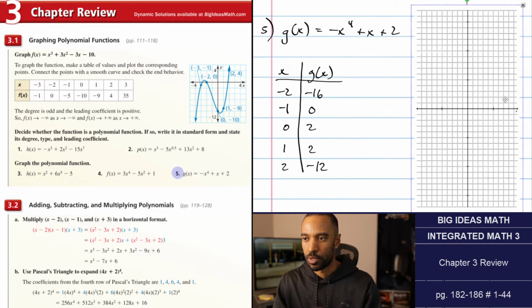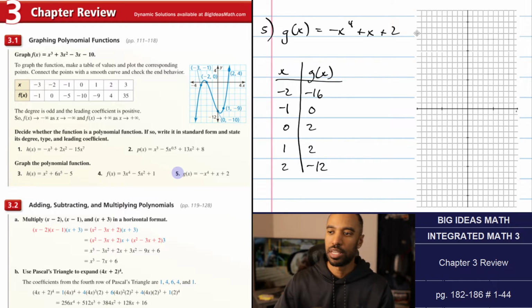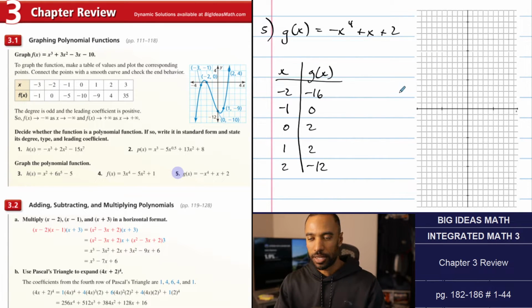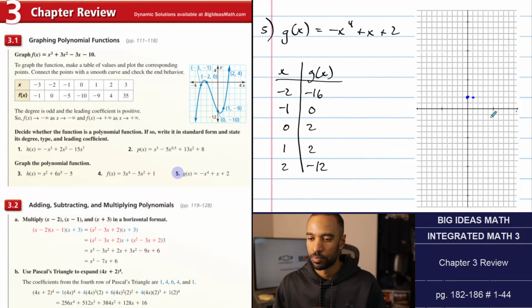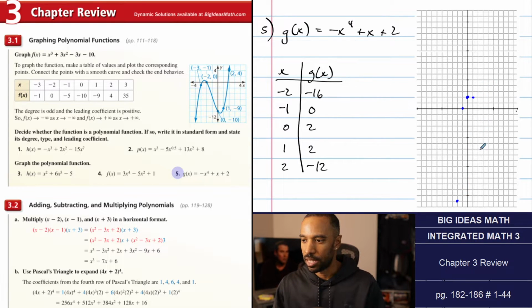Let's go ahead and take a look at what this graph may look like from these points. Now, given the negative leading coefficient, still an even degree, this time we're talking about start down, finish down kind of end behavior. So get ready for that. 1, 2, -1, 0, -2, -16, and this is all the way down here, and then 2, -12.